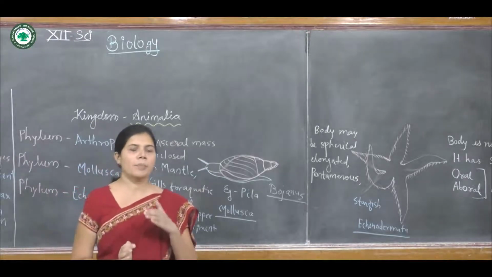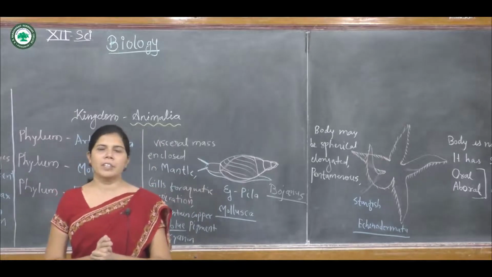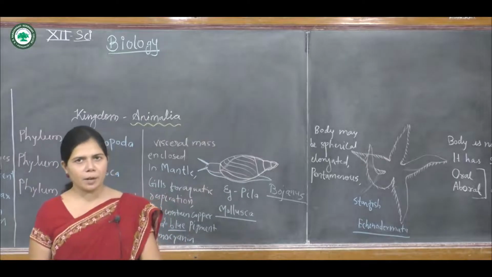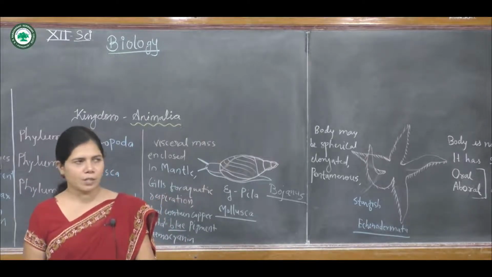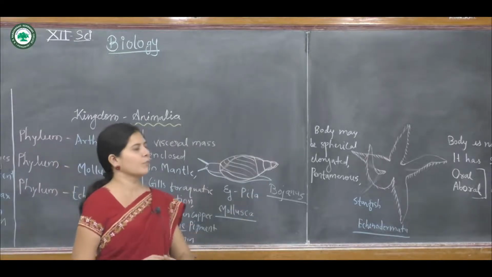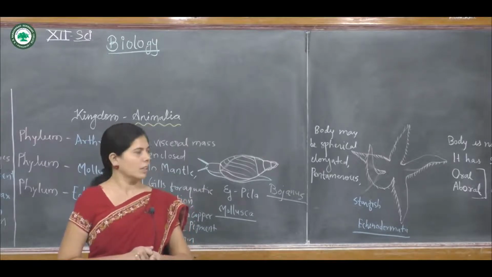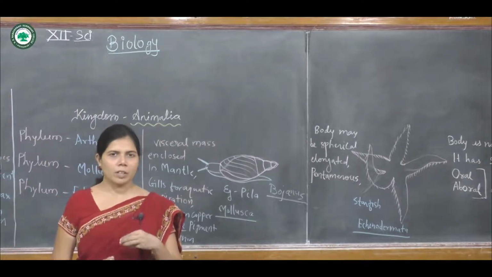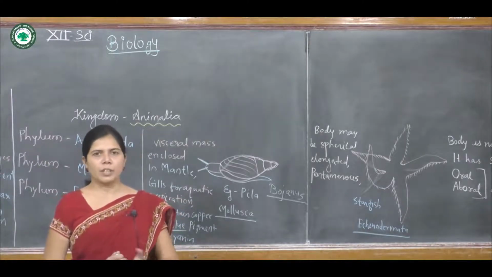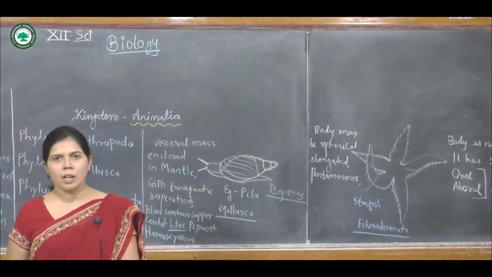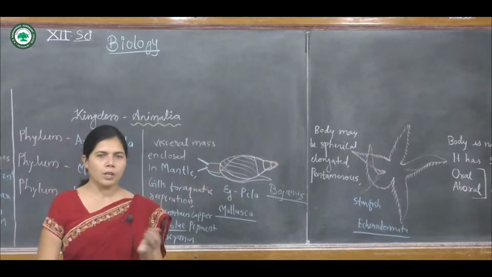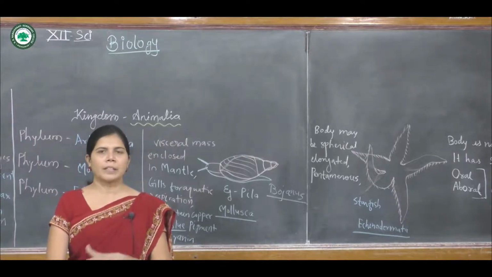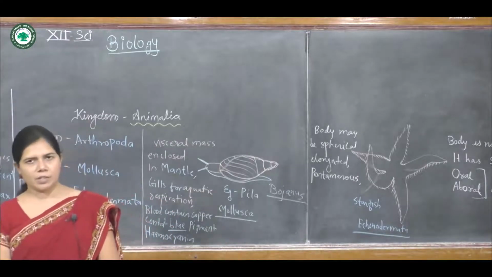The animals reproduce asexually by only a single method, regeneration. Means if one tentacle or one leg of the animal is cut, it reproduces naturally, that is the regeneration process. The asexual method is regeneration, and the remaining is the sexual method by the process of fertilization.